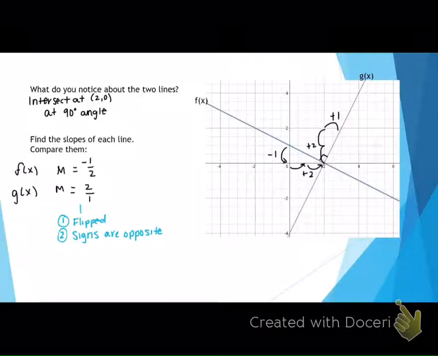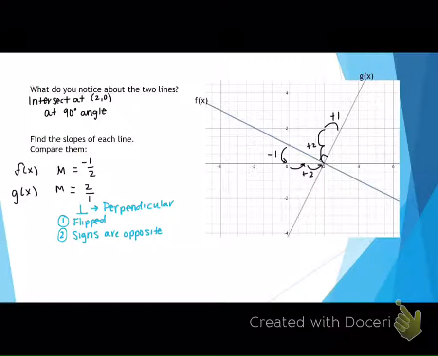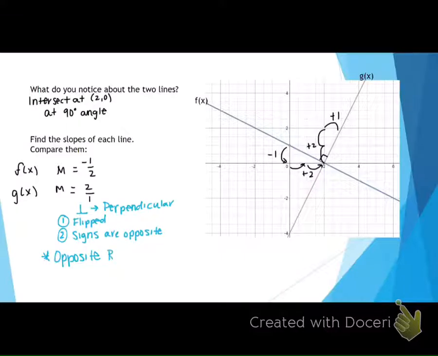So perpendicular, which is this symbol here, has a little bit different thing going on than parallel. Parallel, we could just take the slope and keep it the same. But with perpendicular, we have to flip it and change the sign, which is known as an opposite reciprocal.